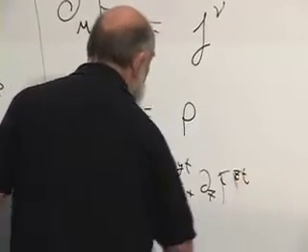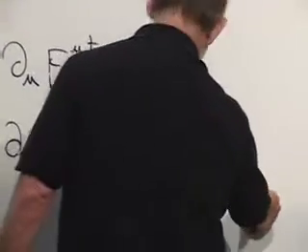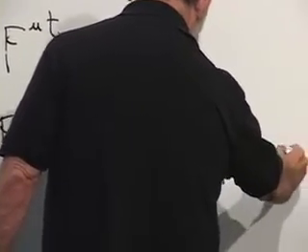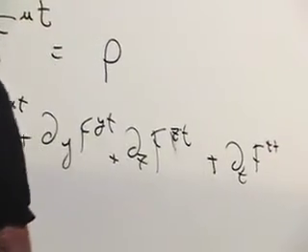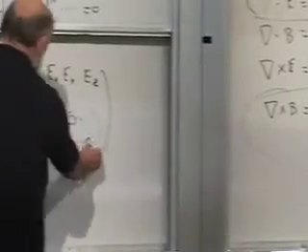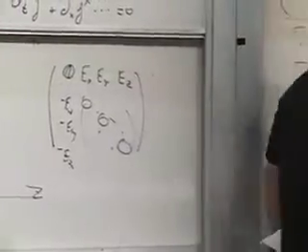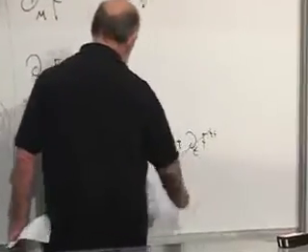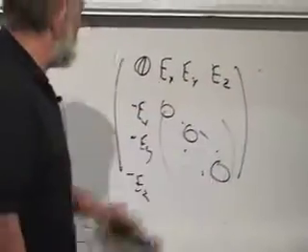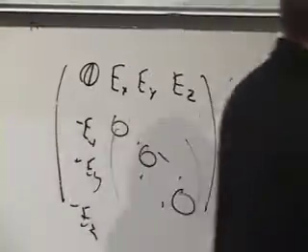Am I missing one? Yes, I'm missing dt Ftt. But Ftt is 0. All the diagonal elements of the matrix are 0. So this is 0. Now what is Fxt, Fyt, and Fzt? Those are the components of the electric field.